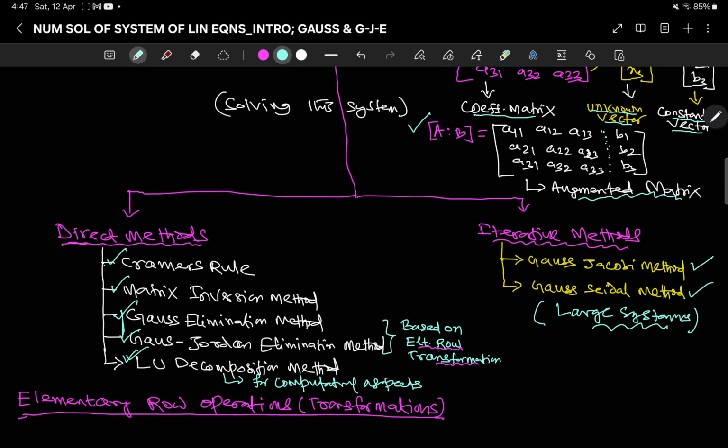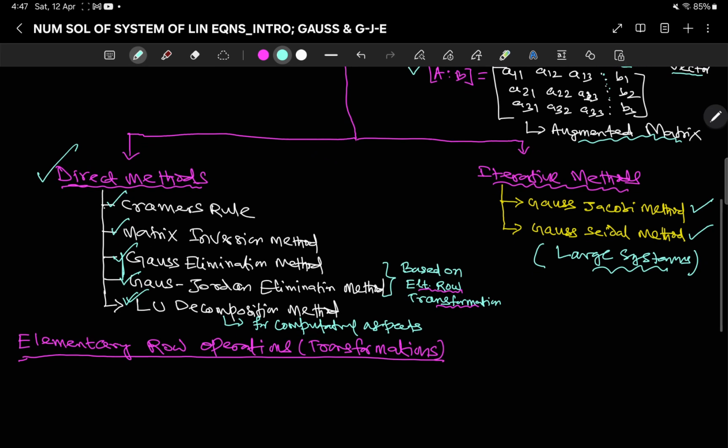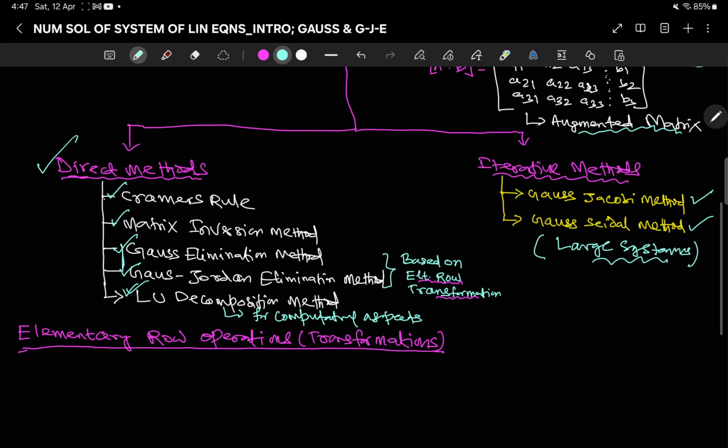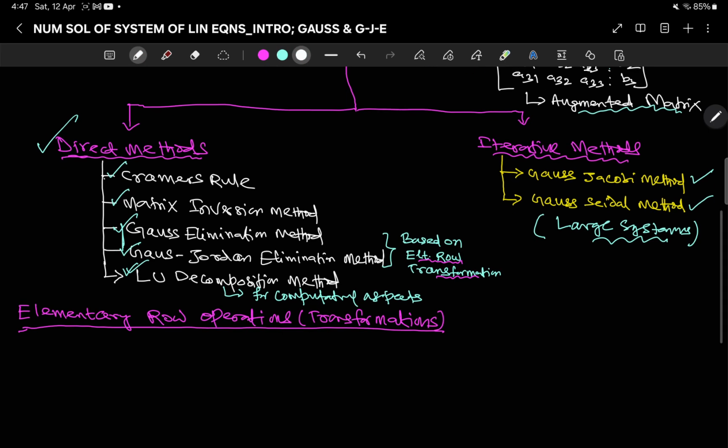Okay, so now let us first discuss the direct methods. In view of that, I will discuss here the Gauss elimination method and Gauss-Jordan elimination method, which are based on the elementary row transformation. So what is elementary row transformation?